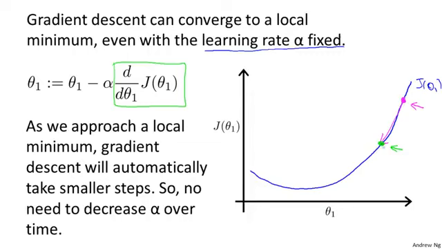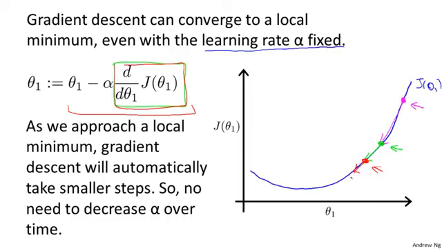So when I take another step of gradient descent, I will naturally take a somewhat smaller step from this green point than I did from the magenta point. Now I'm at a new point, the red point, and now even closer to the global minimum. So the derivative here will be even smaller than it was at the green point. So when I take another step of gradient descent, now my derivative term is even smaller, and so the magnitude of the update to theta 1 is even smaller.